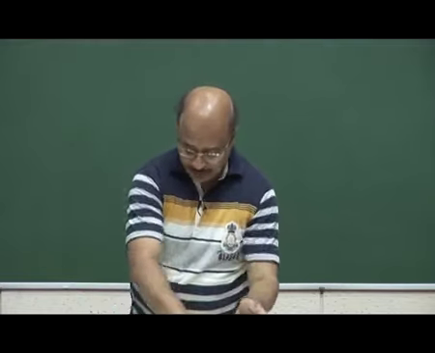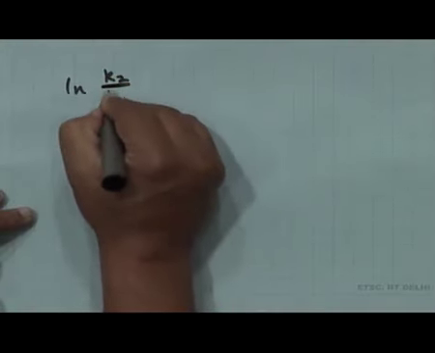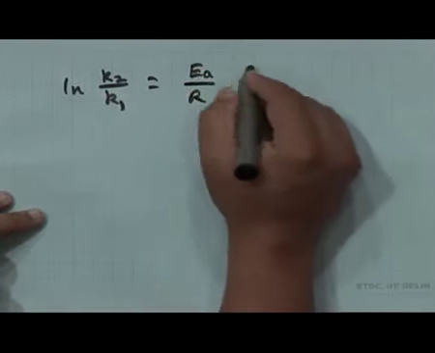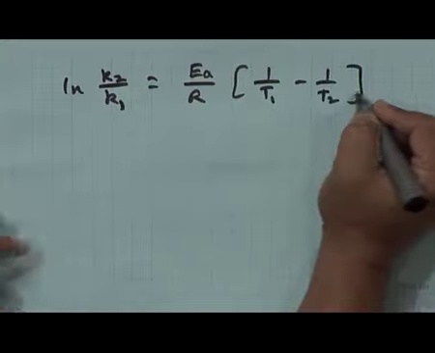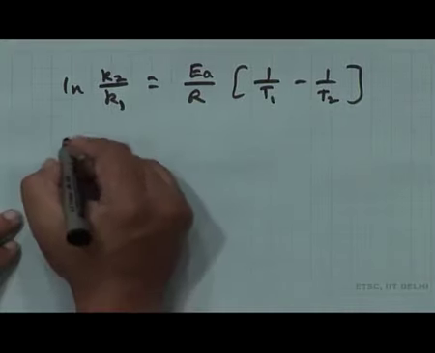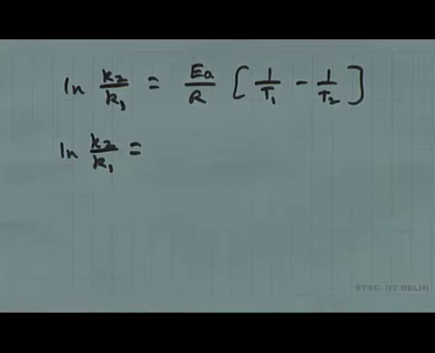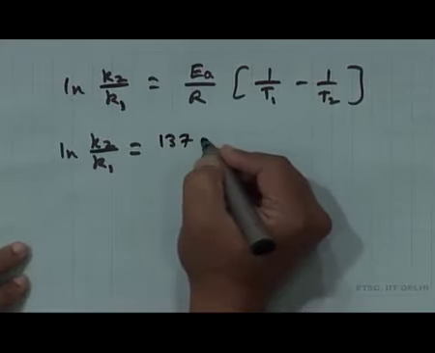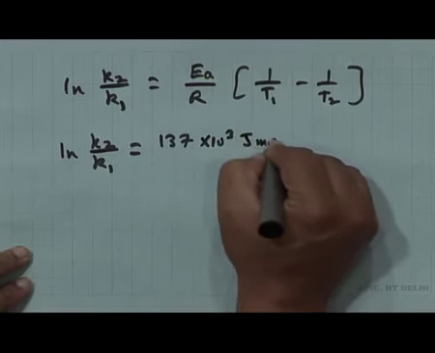Based on this, you can write natural log K2 over K1 is equal to EA over R times 1 by T1 minus 1 by T2. So, this was the equation. Now we will start plugging in values. What is the value of our activation energy? It is 137 kilojoules, which means 10 to the power 3 joules per mole.